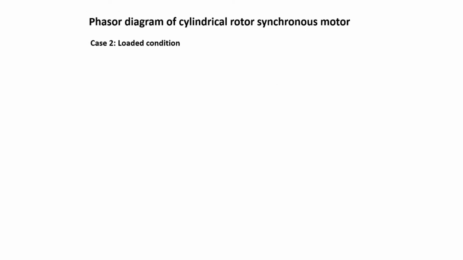Now let's consider the loaded condition. Corresponding to the loaded condition, the armature current has to meet the load and losses. Consider excitation is adjusted in such a way that the motor is working at lagging power factor. Let V be taken as the reference and armature current IA lag V by an angle phi.